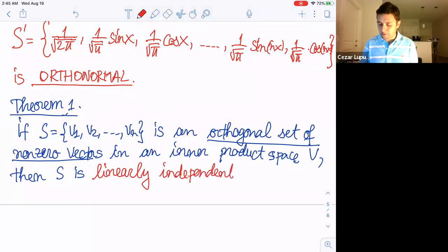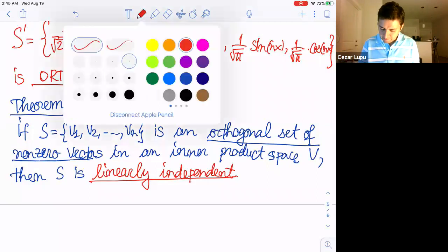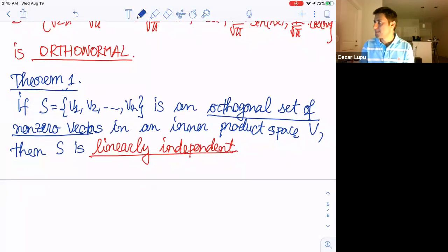Just like we said at the beginning, orthogonal sets are linearly independent. Okay. I'm not going to prove this. I would like to skip it, since I want to focus more on examples.